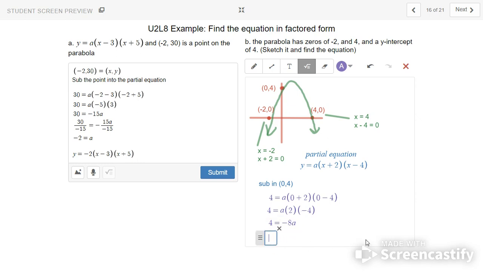Let's divide both sides by negative 8. And we have an a value of negative one half. And our full equation now: y is equal to negative one half times (x plus 2)(x minus 4).